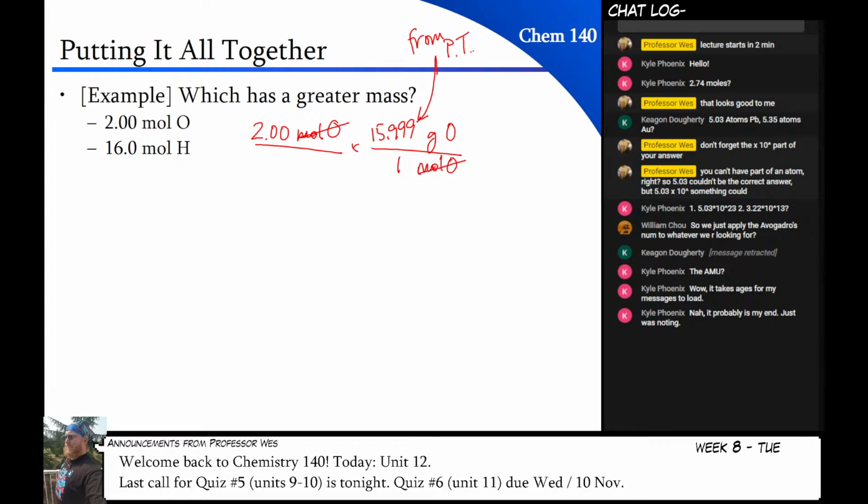Remember that we get that from the periodic table, so you do need to have the p-table open. And when I do the calculation, I get 32 grams of oxygen. Now let's do the same thing for hydrogen.